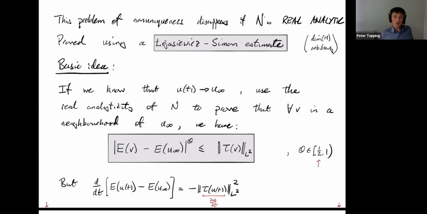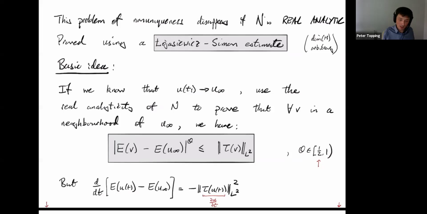The real analyticity of N essentially gives you one very special estimate. This is the so-called Łojasiewicz-Simon estimate, and let's try to deconstruct what that's actually saying.